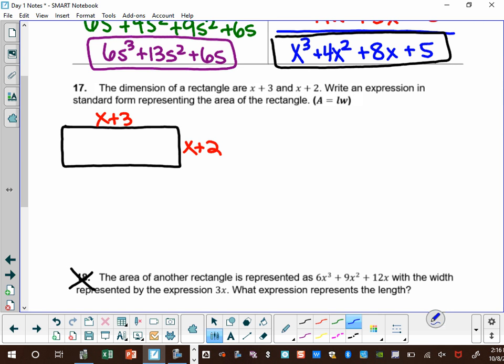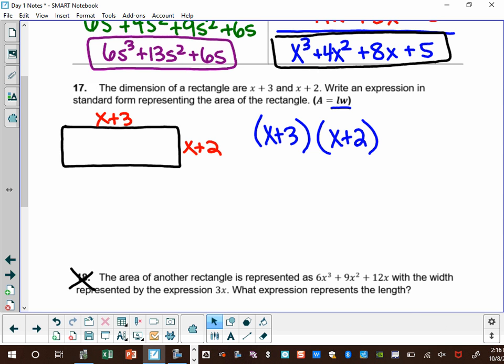You're going to find the area, but in order to do that, you need to multiply your length times your width. Your length is x plus 3, and your width is x plus 2. I want you to double distribute, combine like terms, and then get your answer. I'm going to give you 10 minutes.